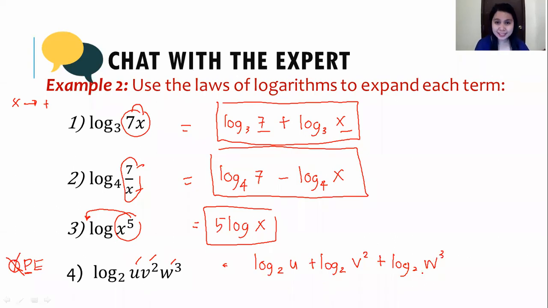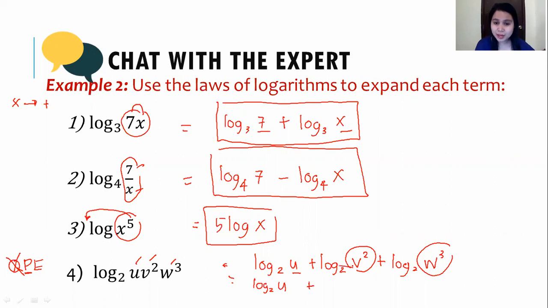You check your antilogarithms again. It's only in simplified expanded form if there's only one variable, one letter or one number, and there are no exponents. This is okay, but these two still have some exponents with them. So we expand it more. You have log base 2 of u, that's for the first one.